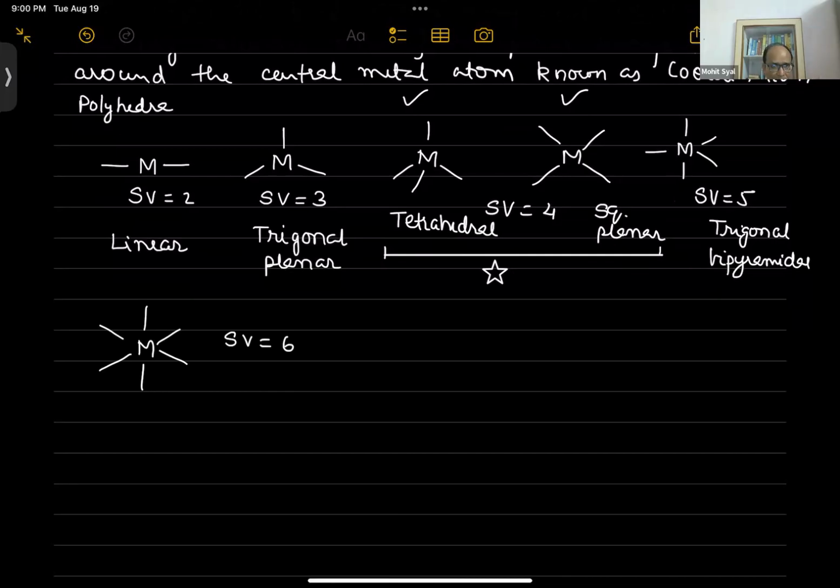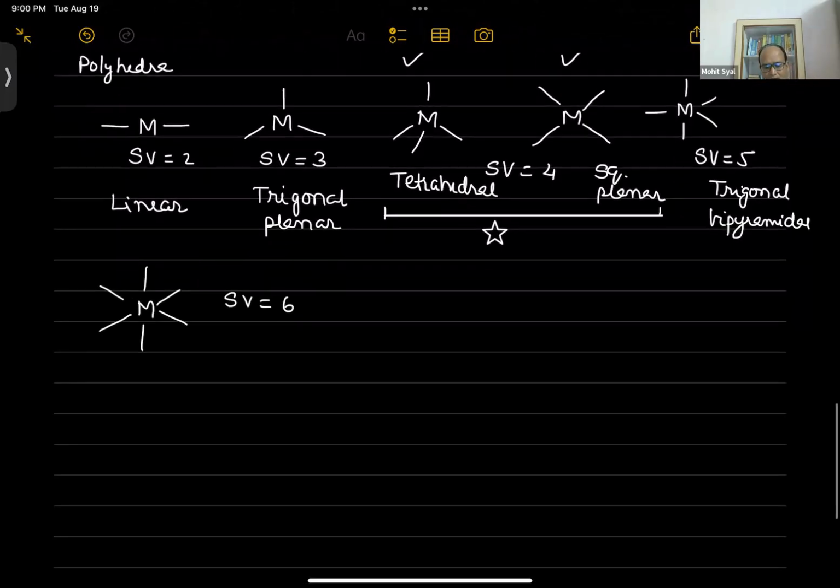And this whole geometrical arrangement, any idea what is going to be the name? Octahedral. Yes. So octahedral, this is also very important. These three coordination polyhedra we are going to very frequently encounter in our questions.